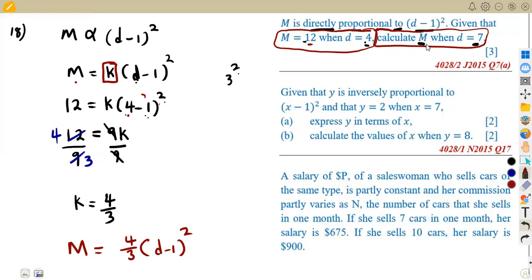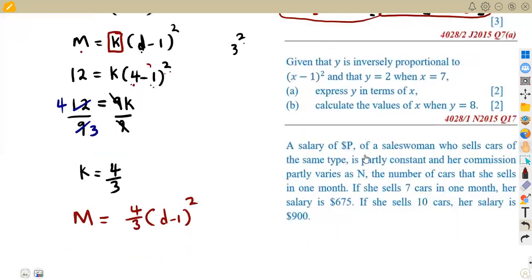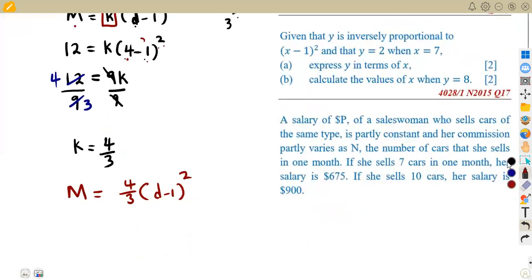So the question is to calculate m given that d at that moment is 7. So it means d is equal to 7. So when d is equal to 7, we are going to have 4 over 3 into 7 minus 1 squared. So from this part, we can obtain the value of m.